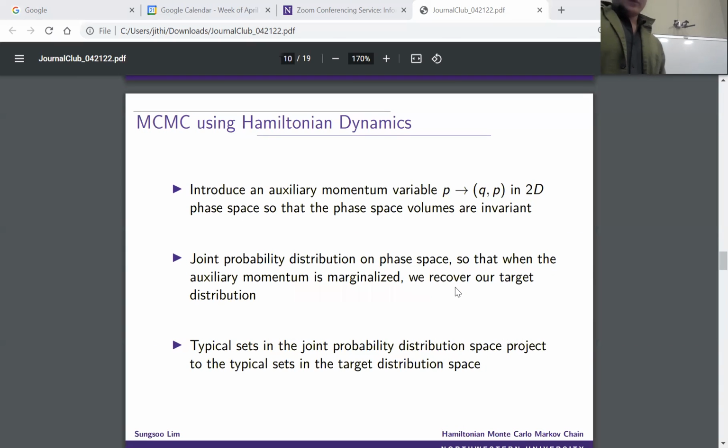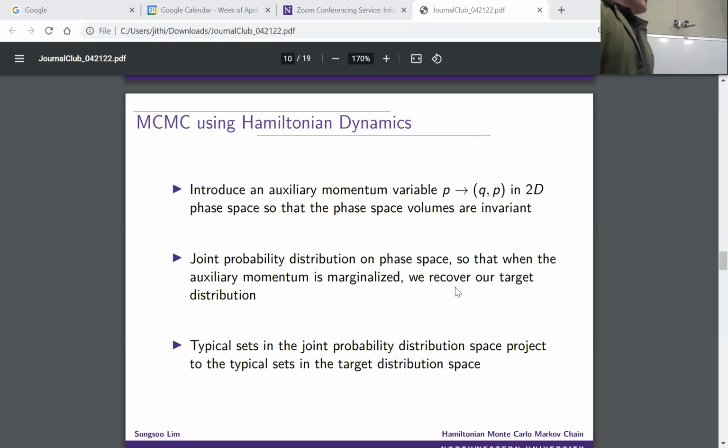The important property to keep in mind is that we first have to define a joint probability distribution pi of P and Q on phase space, so that when the auxiliary momentum is marginalized, we recover our target distribution.